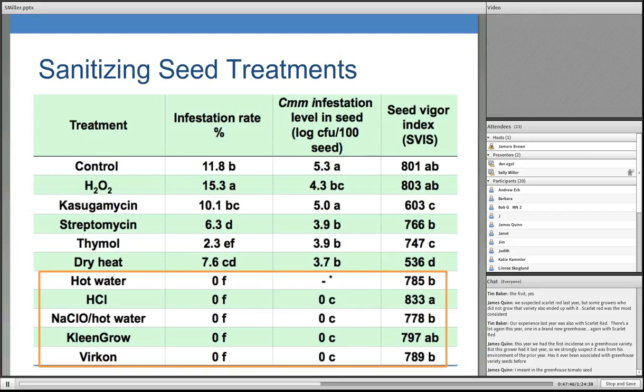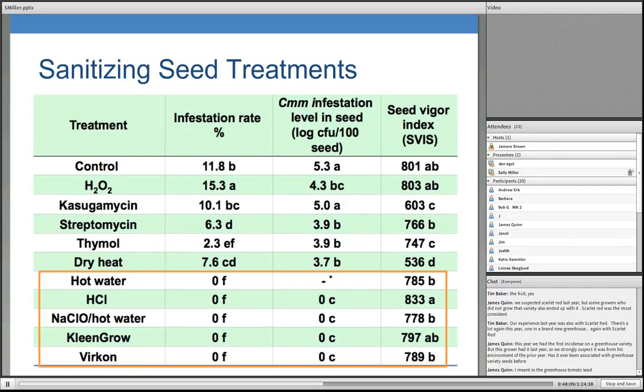And so we have tested that with this particular test of seed vigor. And what we found is that these down here in the orange box don't affect the vigor in a significant way anyway, compared to the untreated controls. And also those are effective in killing the bacteria.